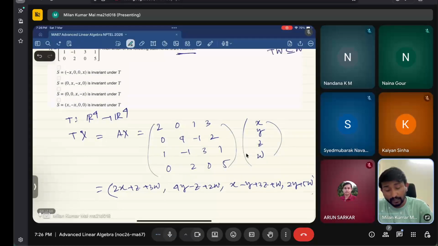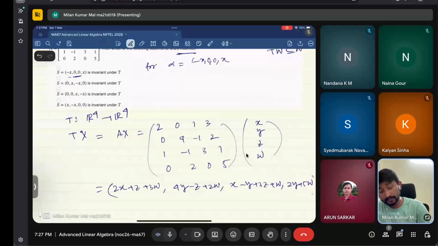So let me check. S is the set, that is, the first and middle two entries have to be 0, and the first entry and second entry look like this way. So what will be T of any element alpha equals minus x comma 0 comma 0 comma x, in S1.